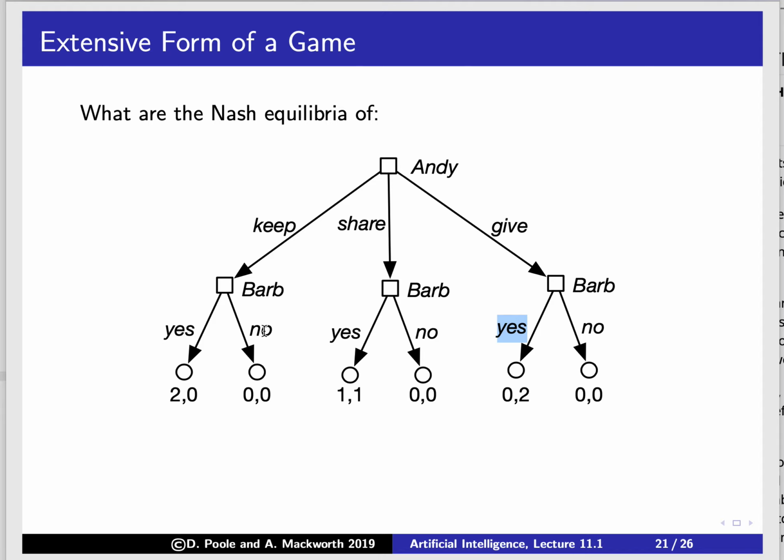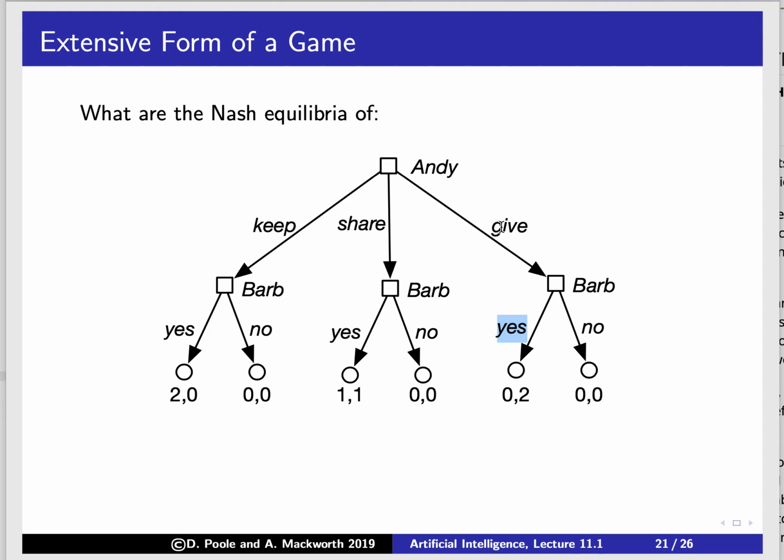So for example, if Andy keeps, then there's all possibilities for Barb of probability distributions over actions because they're all 0, so they're all Nash equilibria. If Andy has a probability of sharing, anytime Andy has a probability of sharing, then Barb is going to say yes because that's their Nash equilibrium given that Andy is going to share.